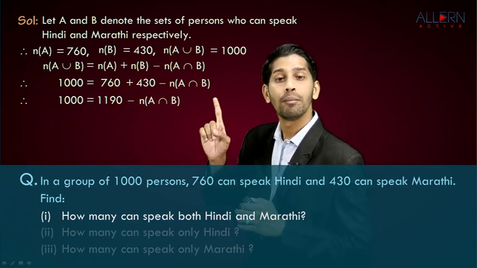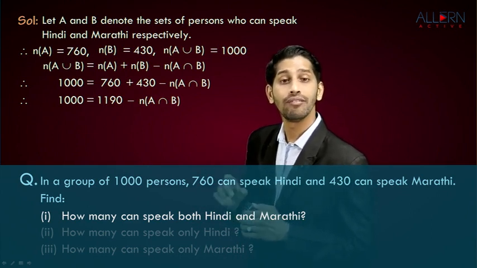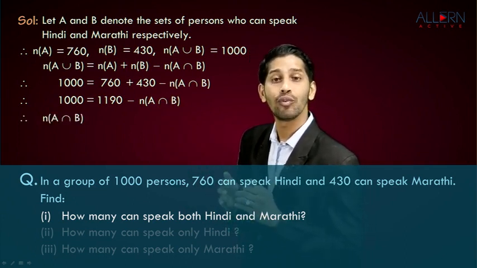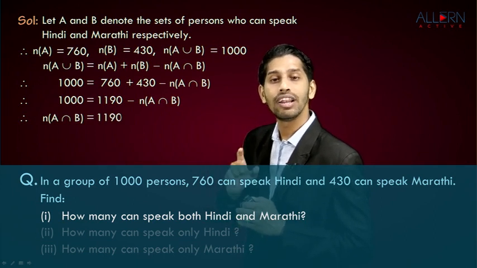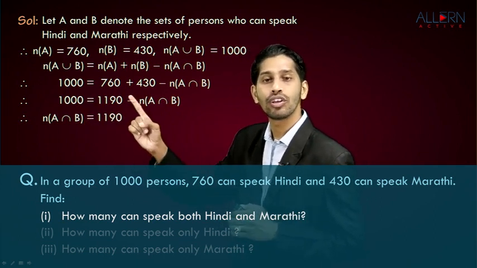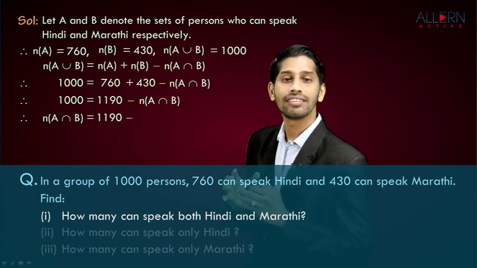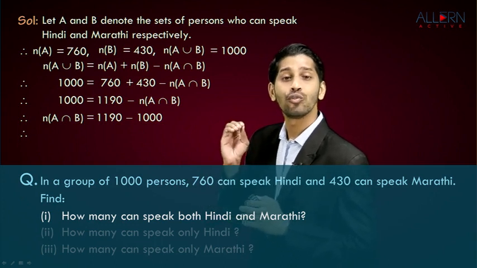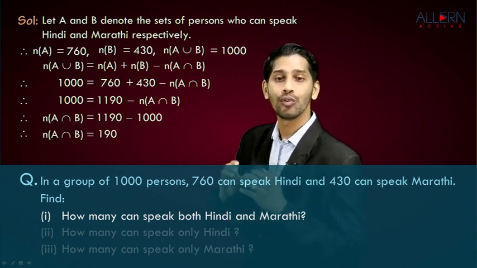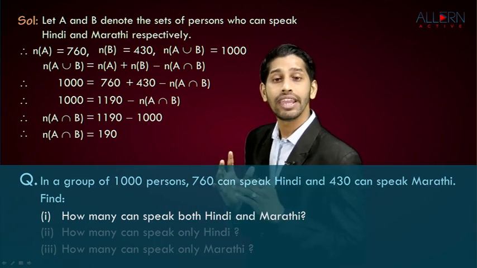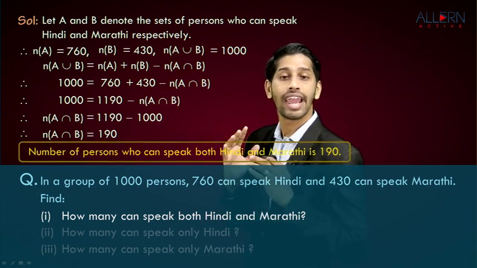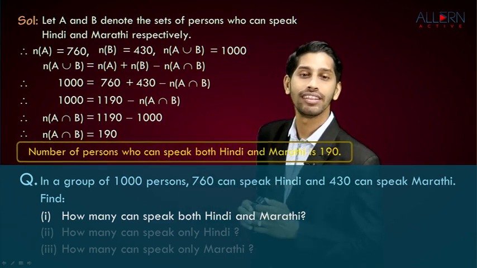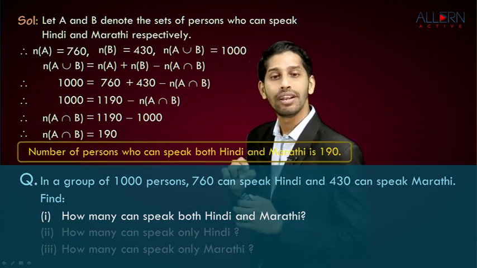So it becomes plus n(A ∩ B) = 1190, which remains as it is, and when we shift this 1000 to the other side, it becomes minus 1000. The sign will change. Now we just subtract these two numbers: 1190 minus 1000 gives us 190. That means 190 persons can speak both Hindi and Marathi. So that completes our first part.